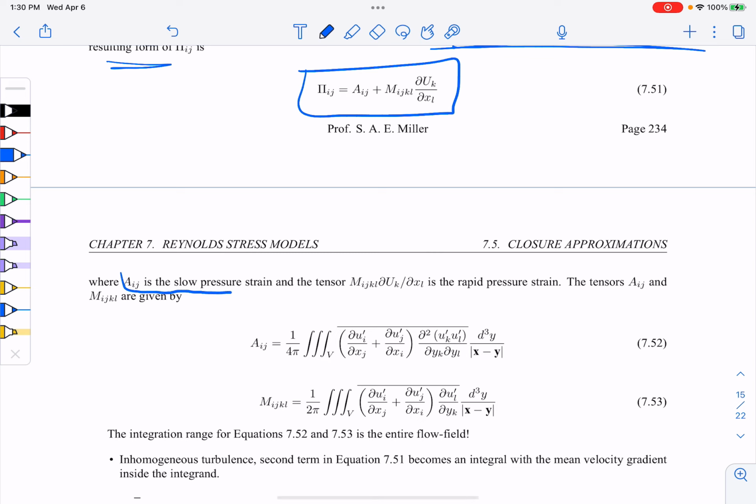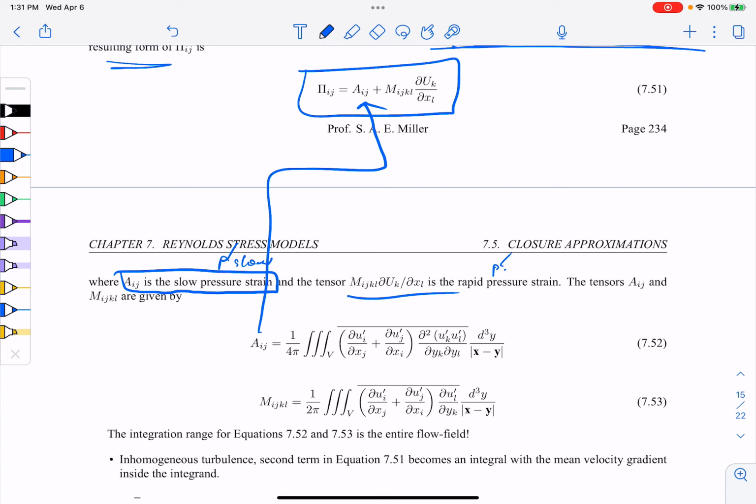Aij is the contribution from the slow pressure strain rate, P prime slow, and that's right here in 751. And then there's a tensor, which corresponds to the rapid change of pressure strains that we just discussed, and that's Mijkl times partial Uk partial xl, where capital U is the mean variable.